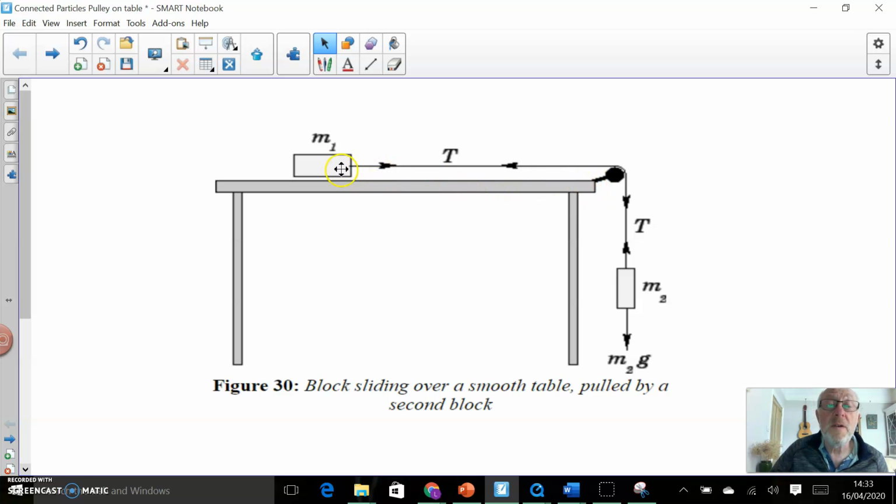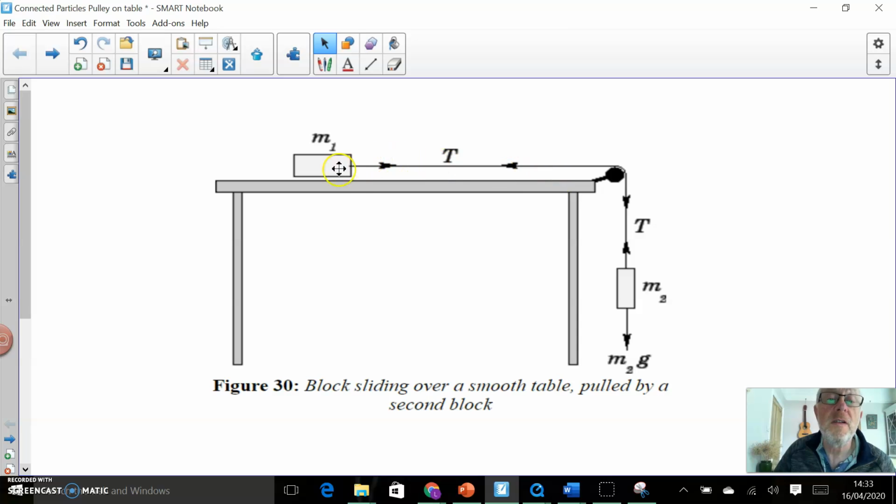Now, what will happen with A, and A is M1, is that it will travel with the same acceleration and the same speed as M2 until M2 reaches the ground. And then at that point, A will still be moving, but the string will have become slack.